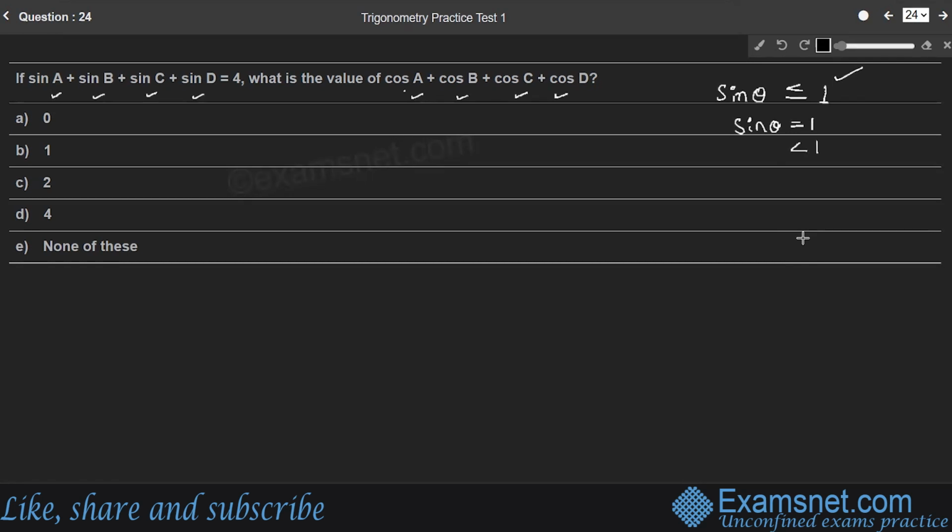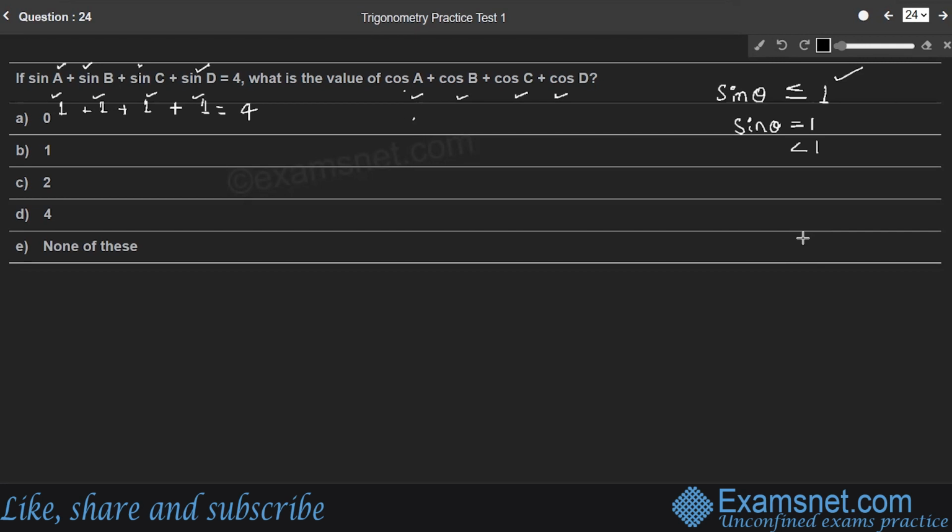Here there are 4 terms in the given equation. Therefore, the possible values for sin A, sin B, sin C and sin D are 1, 1, 1, 1. This is the maximum possible value, so that their sum becomes 4. 1 plus 1 plus 1 plus 1 becomes 4.